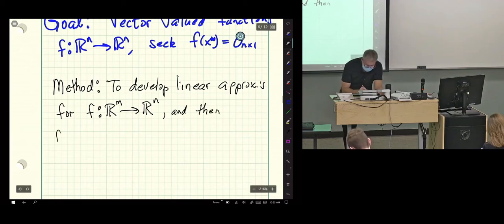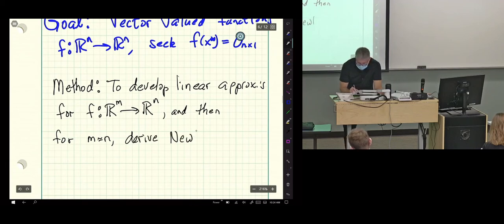And then for m equal to n, we'll derive what's called the Newton-Raphson algorithm.